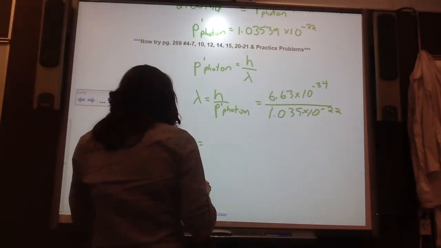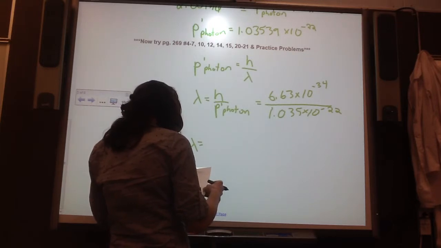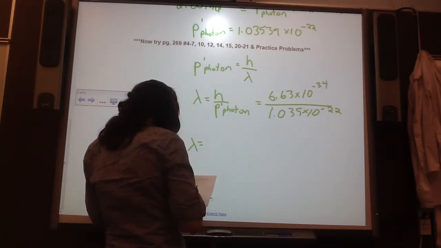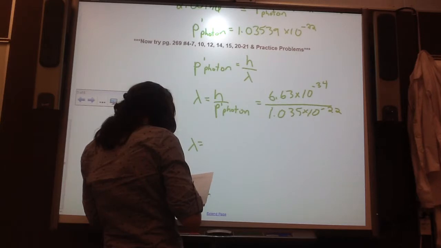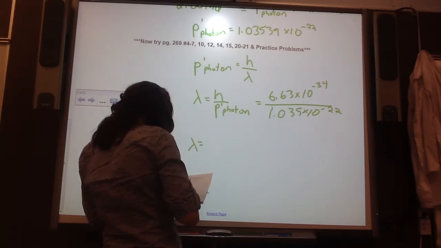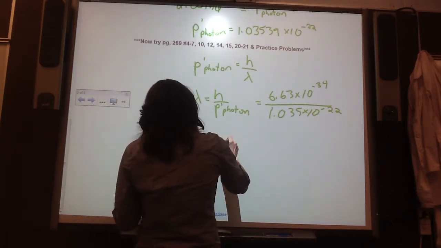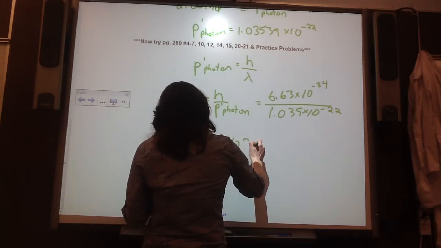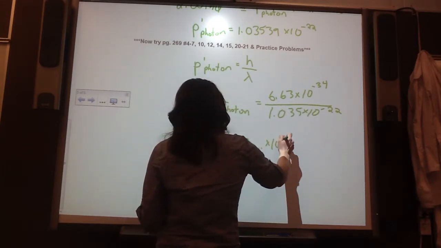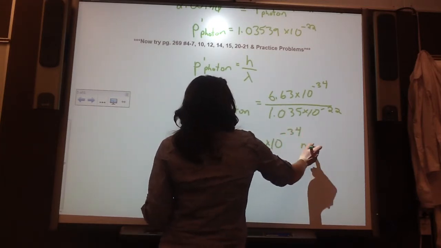Okay, so I get 6.403 blah blah blah times 10 to the negative 34 meters.